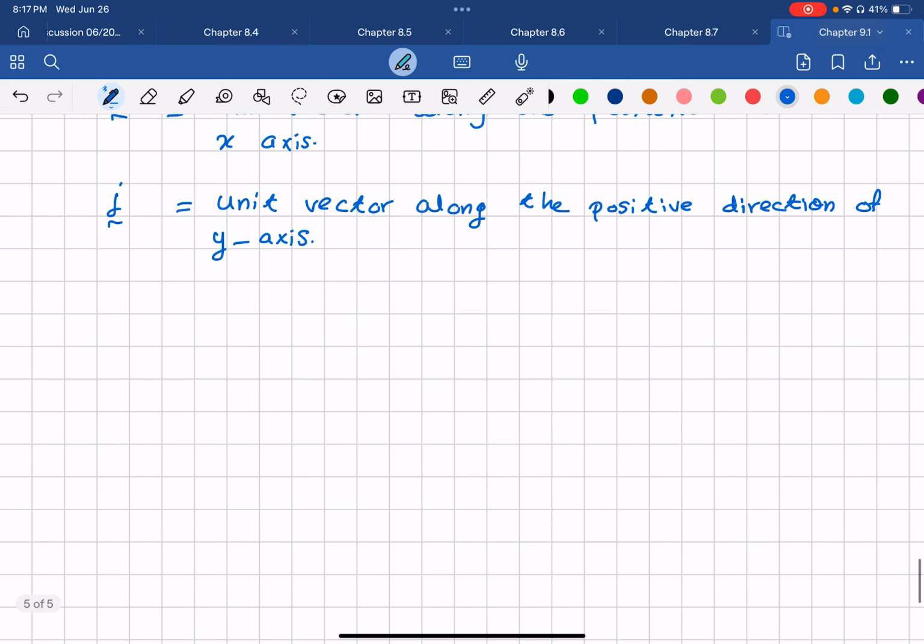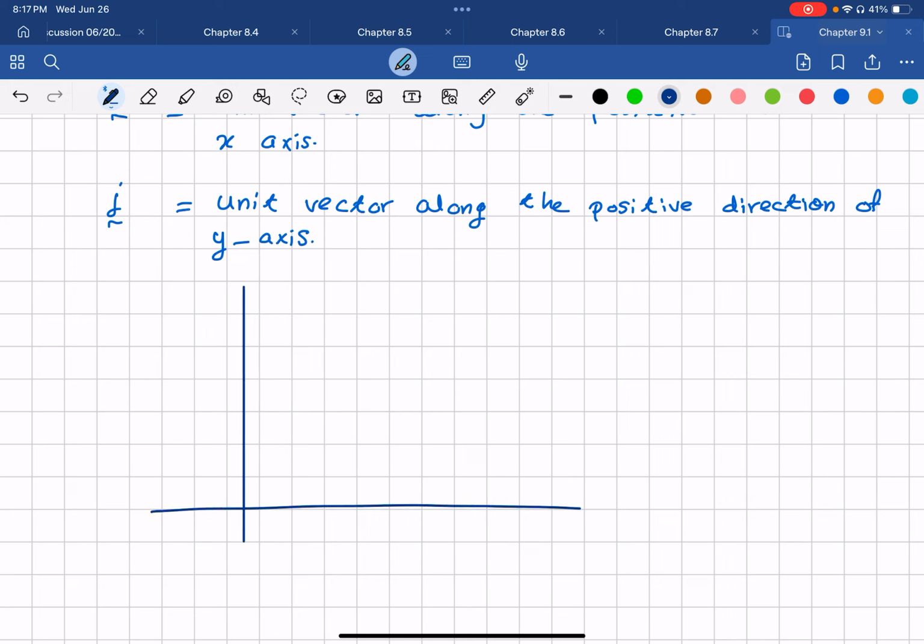so if I ask a question like this, so this is my two-dimensional plane, and if I mark a point somewhere here, say 5 comma 0, what is this vector then?